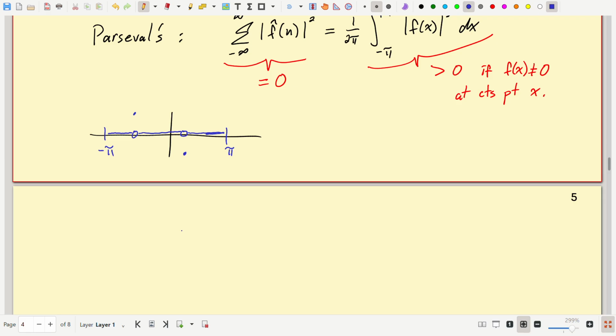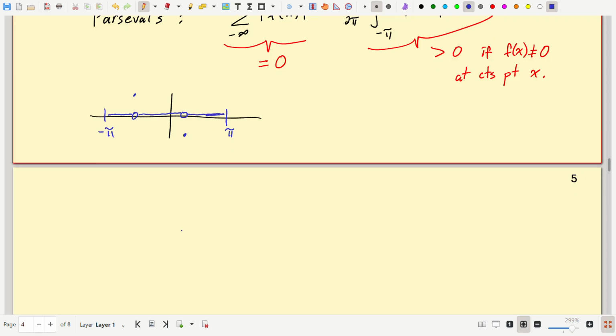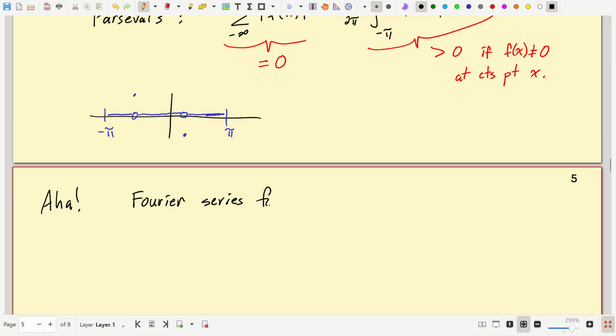And you sit around and think about what you would do in this trig polynomial case. After you think about it for a while, so the Fourier series for f, let's assume it's a trig polynomial. Equals a trig polynomial.